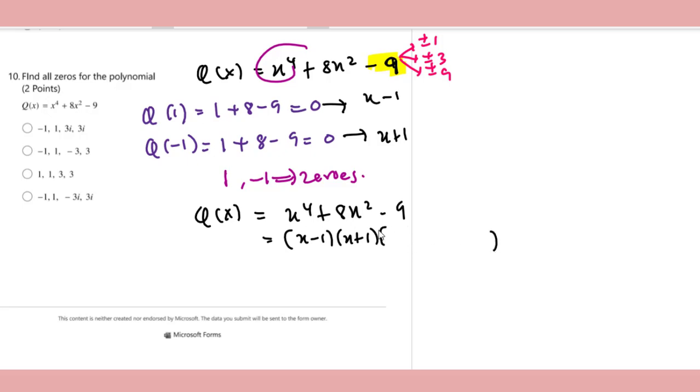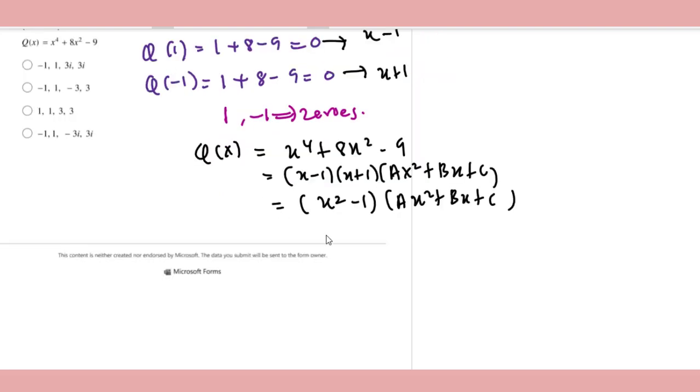Power 4 means that the next factor is quadratic, because to get x to the power of 4 we need that degree. So expand this: (x squared minus 1) times (ax squared plus bx plus c). Next we're going to find the values a, b, c.